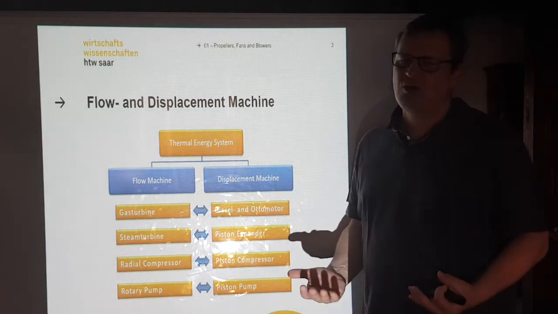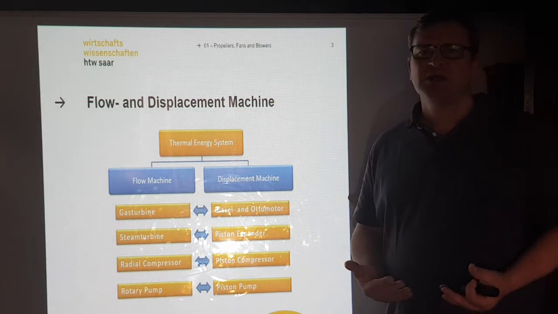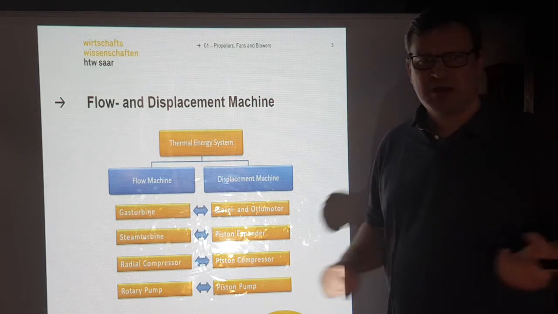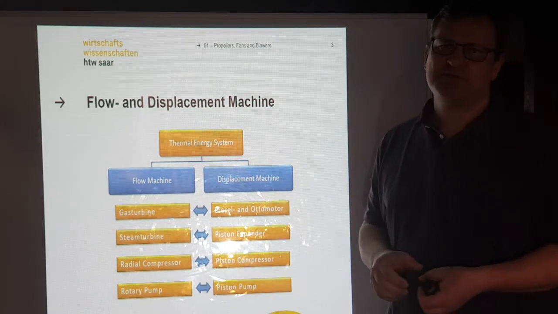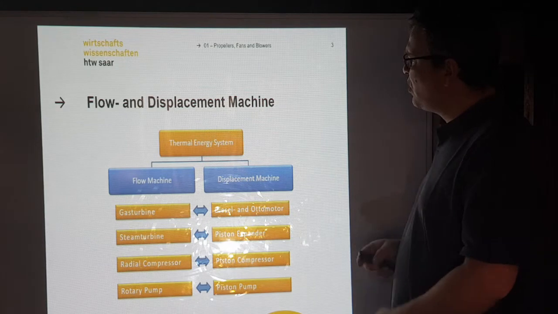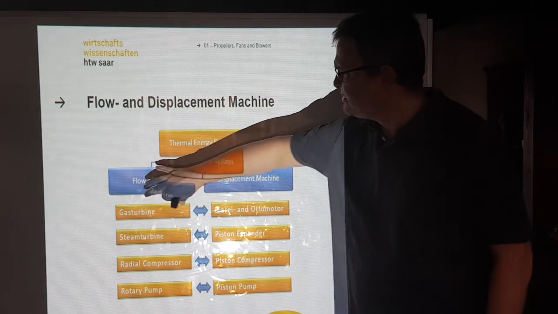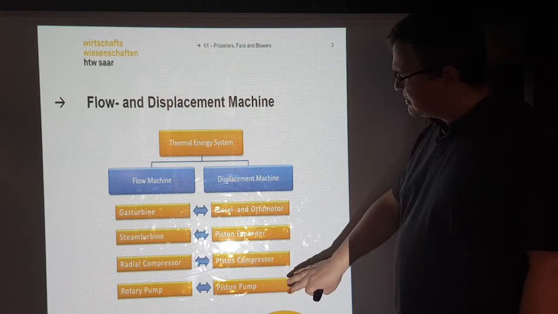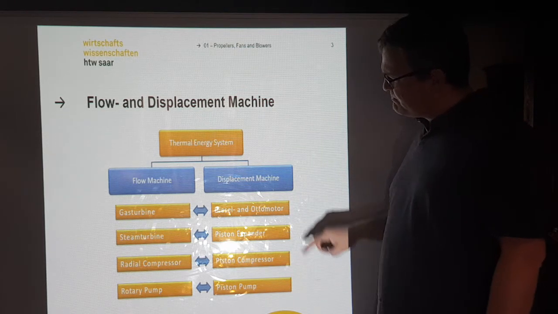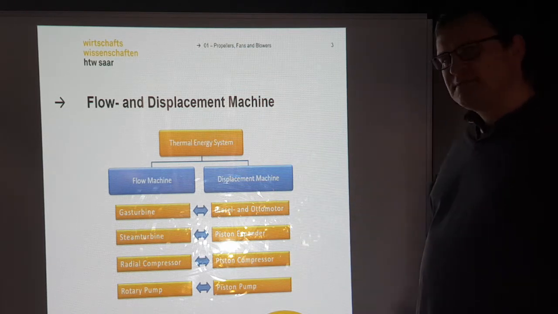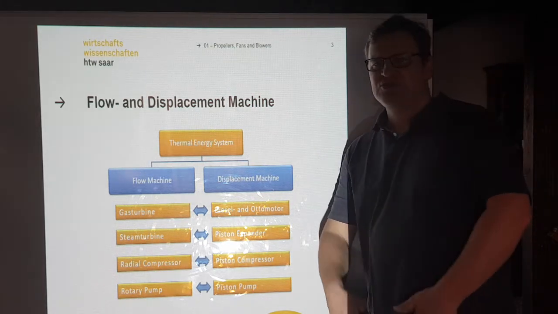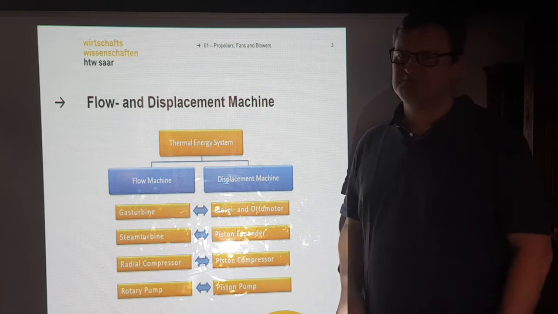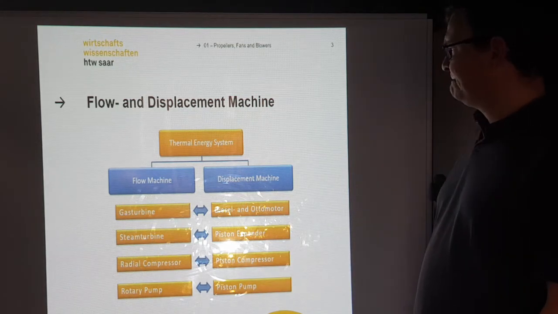I think you all know a piston pump for air, for example, for your bicycle. When you pump up your bicycle, this is a piston pump. Okay, that's the two main groups of machines. And the special thing at piston or displacement engines is that you don't have so high velocities of the fluids.